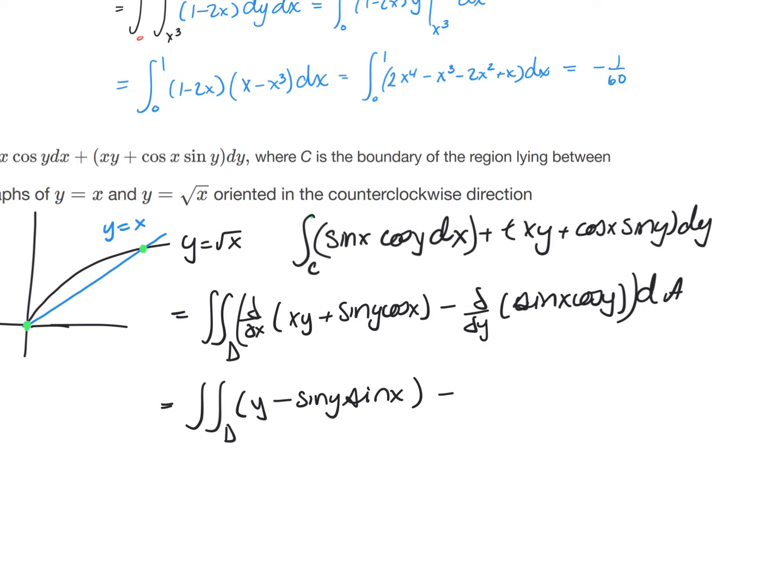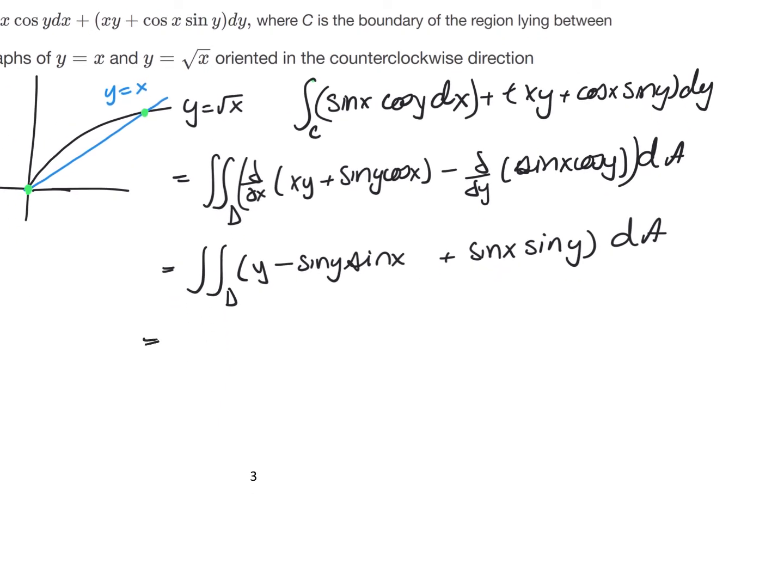And then it's going to be minus, and I'm going to do the derivative of the sine of x cosine y, so it'll be a plus the sine of x, the sine of y, dA. I'm just going to take this parenthesis off, and you can see that my sines end up canceling each other out, which is actually really quite lovely. So this is going to be integration over the region D of y dA.